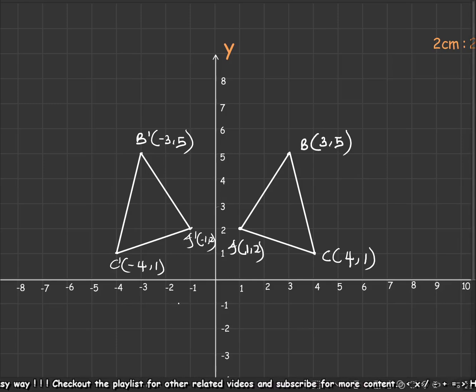So basically, this is how we reflect on the line x equals 0, which is also called the y-axis. I do hope you have understood everything at this point. It is just like the reflection on the x-axis, but this time around, we rather negate the x value.